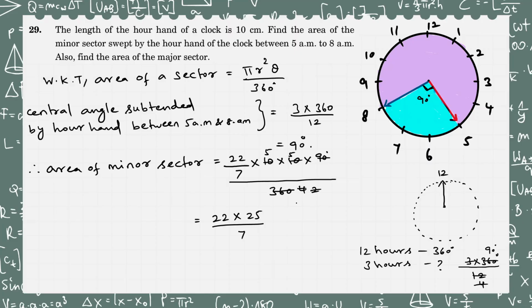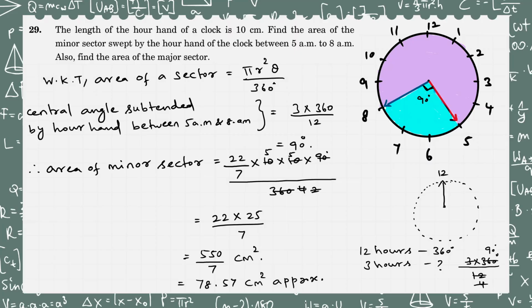There is nothing in the denominator, so this 7 comes to the denominator, right? When we multiply them, we will have 550 by 7 centimeter square. Or we can convert this to a decimal also, and that will be 78.57 centimeter square approximately.